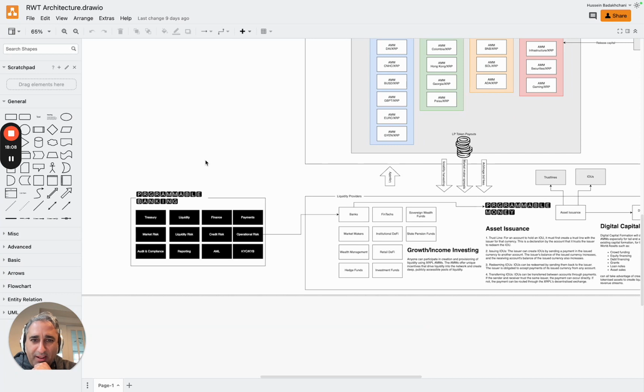And I think previous attempts at programmable banking haven't really unleashed the full potential because of three reasons. One, the engineers that were developing them were part of the banking team itself. They weren't specialists.